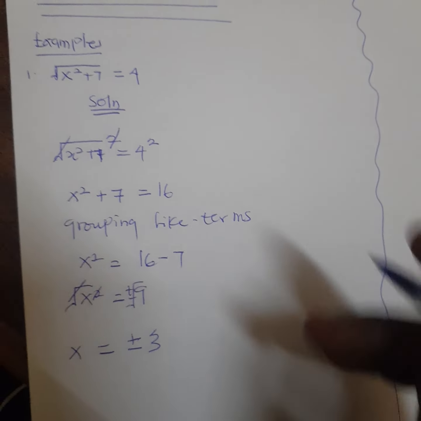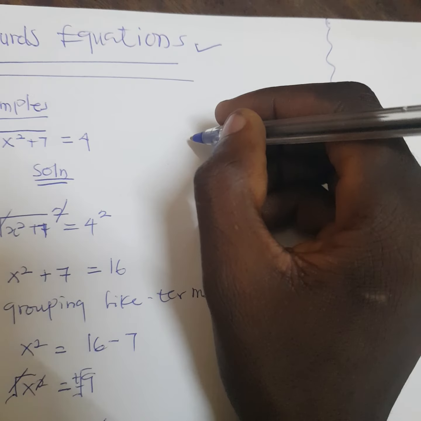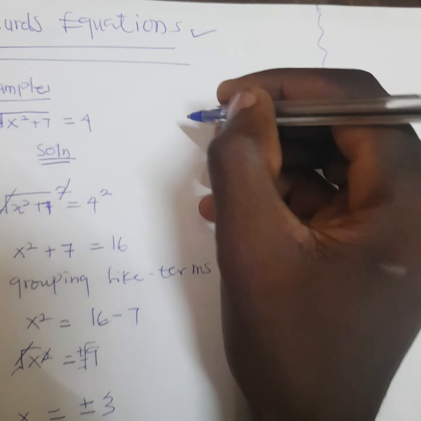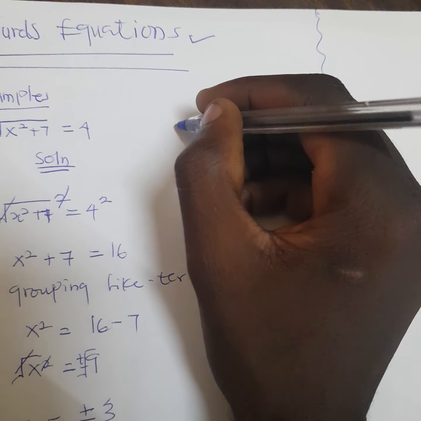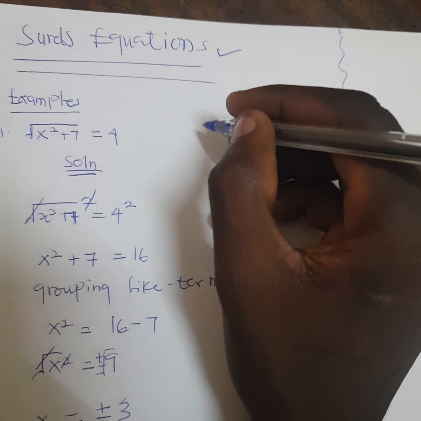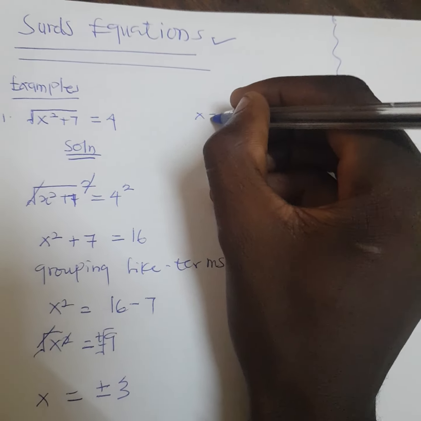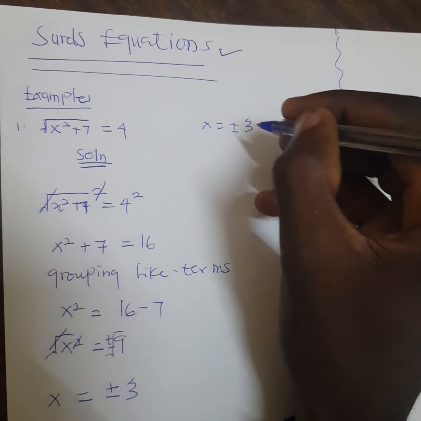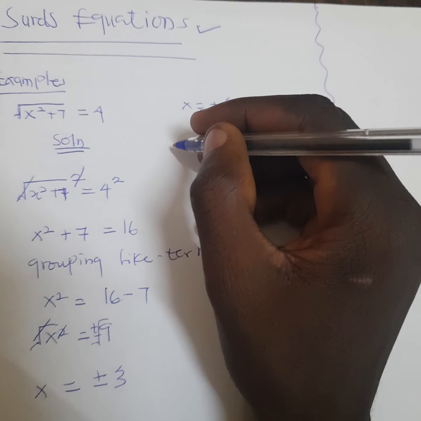So from here we test to see if our equation is correct. You substitute both of the answers, x equals plus or minus 3, into the equation.